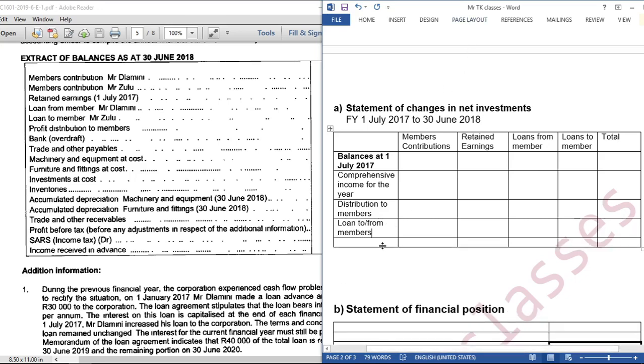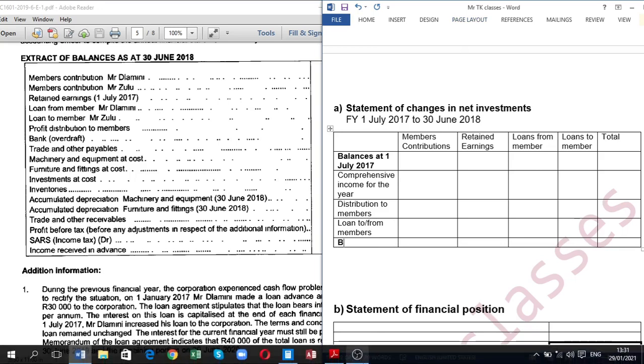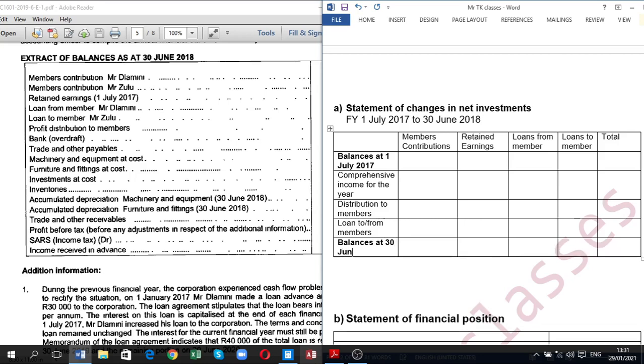Then we are going to have balances at 30 June 2018, which is the end of our financial year.